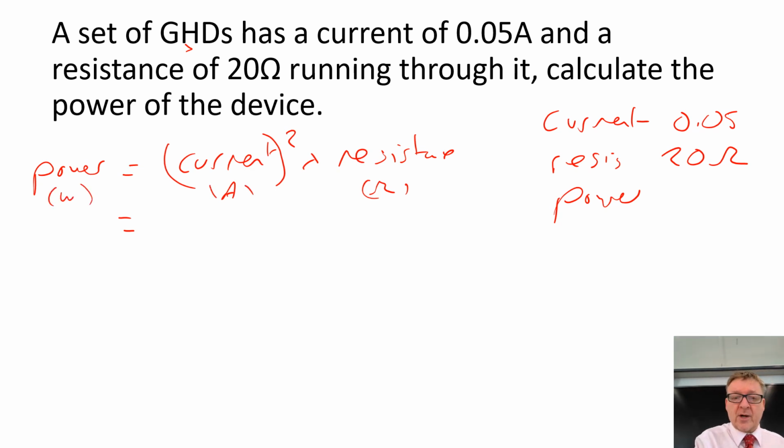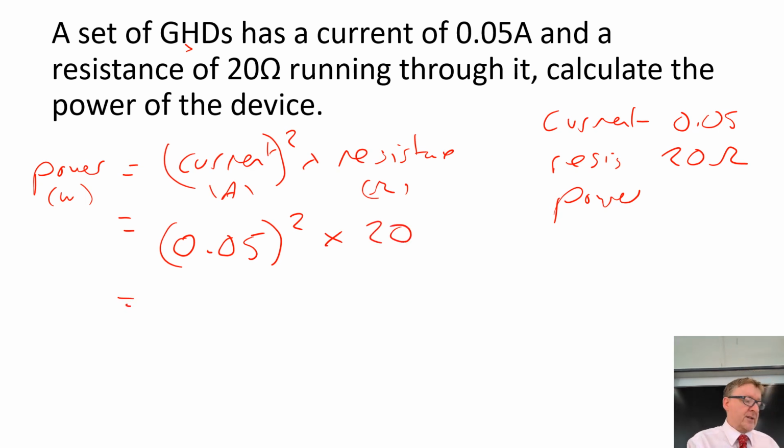So current squared, so we've got 0.05 squared multiplied by a resistance of 20. Okay, I'm just going to do this on my calculator: 0.05 times 0.05 times 20, and it actually works out to be 0.05 watts.